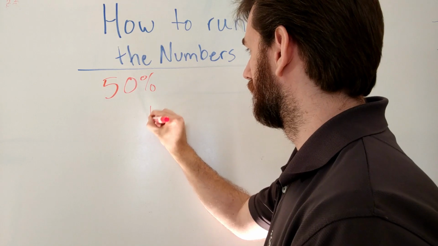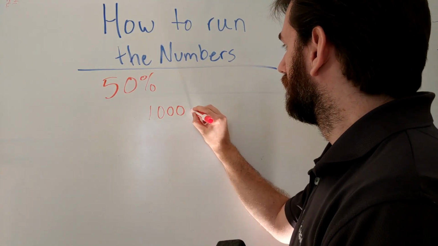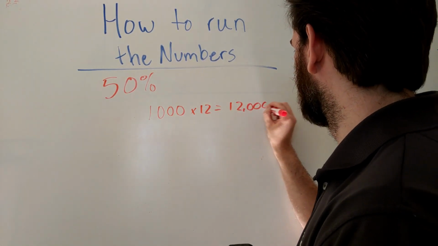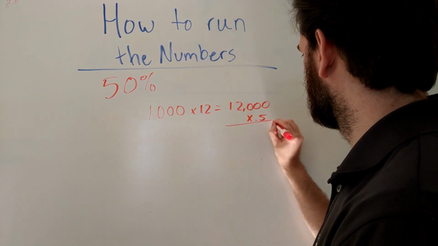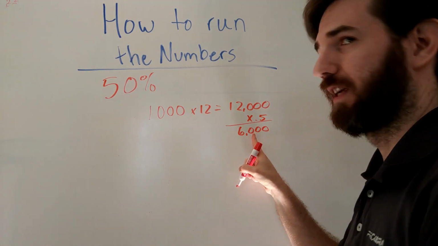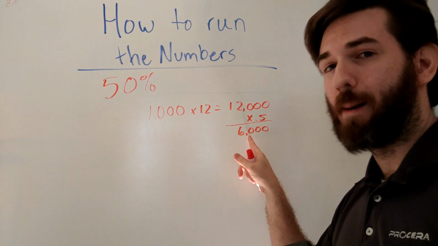So take an example of $1,000 in rent times 12 months is $12,000 of income. Multiply that times 0.5. Quick and easy math, $6,000 is how much you actually earn from the income, or the net operating income.